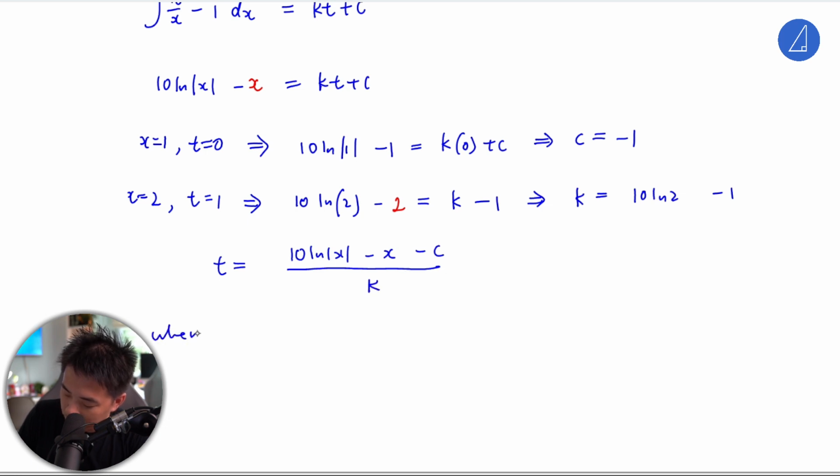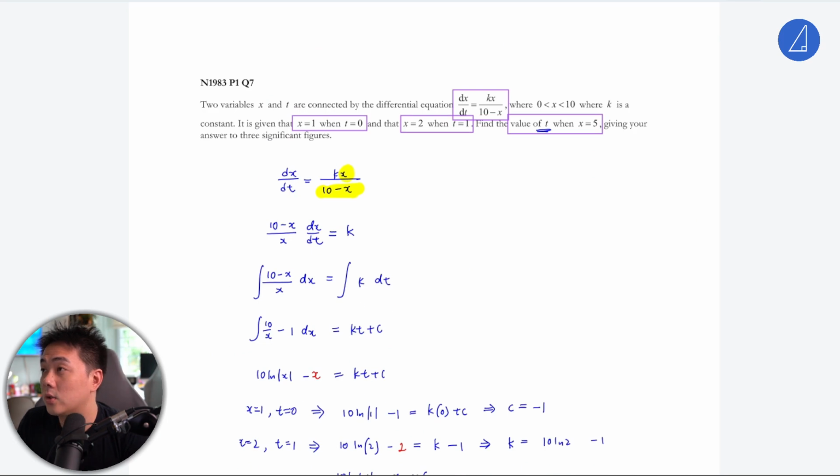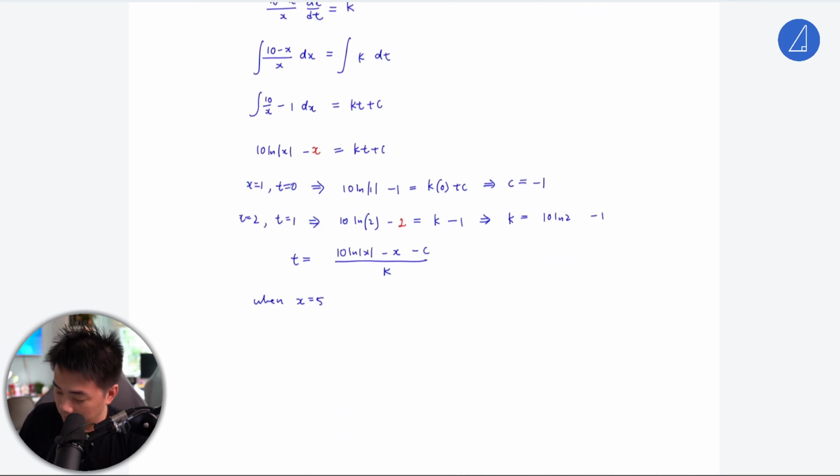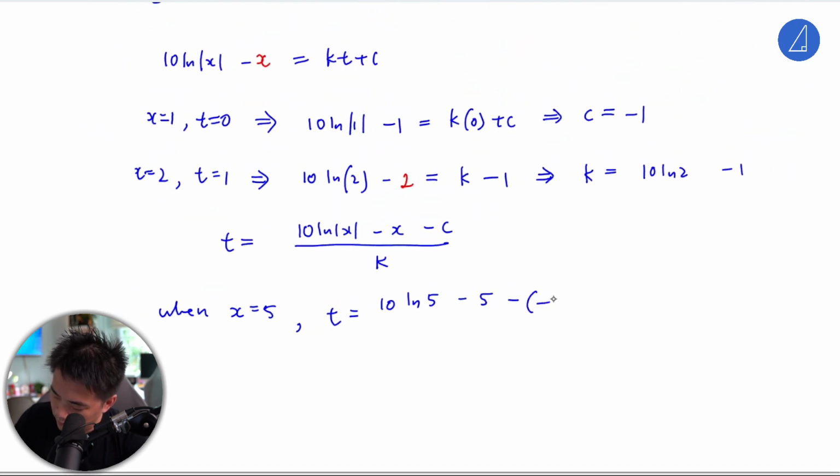When x equals 5, I replace all the solved unknowns into the equation, and what we get is t equals (10 ln 5 minus 5 minus c), actually minus negative 1, over k, which is 10 ln 2 minus 1.